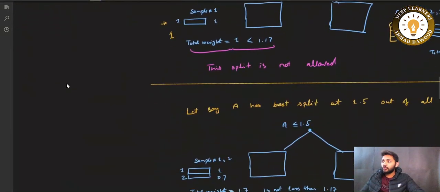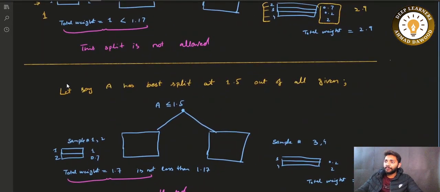If you have selected your decision rule as less than or equal to 1.5, then there will be two samples on the left side and two samples on the right side.